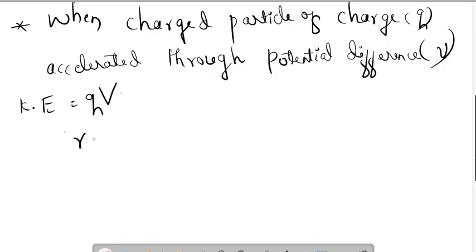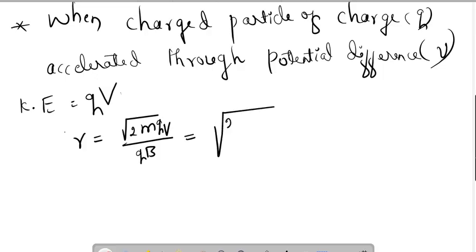So in that condition, what will happen? R is equal to root 2m qV divided by qB. Or we can also write it as R is equal to root of 2m qV divided by q square B square.